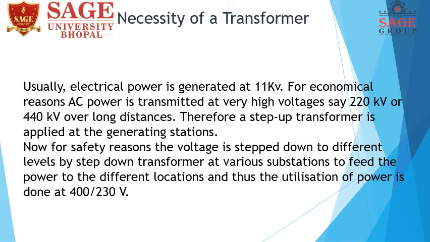Thus the utilization of power is done at 400 to 230 volts. If you want power for domestic purposes, a step down transformer works, and if you want power for industrial purposes, a step up transformer is used.